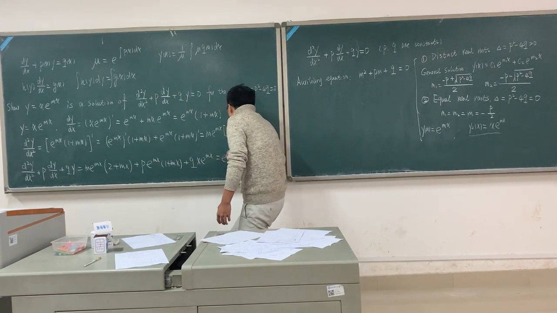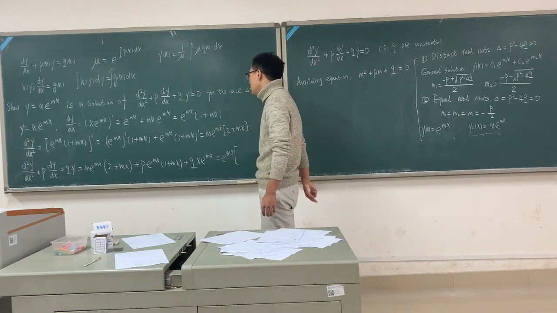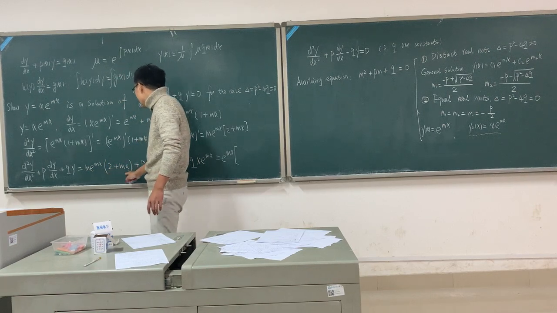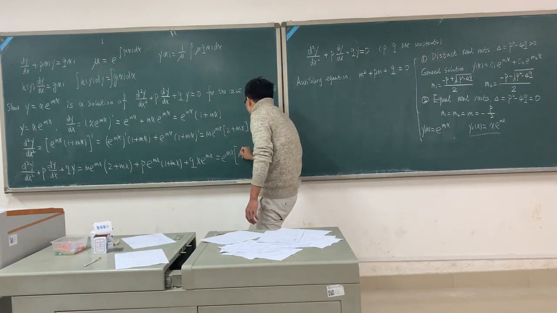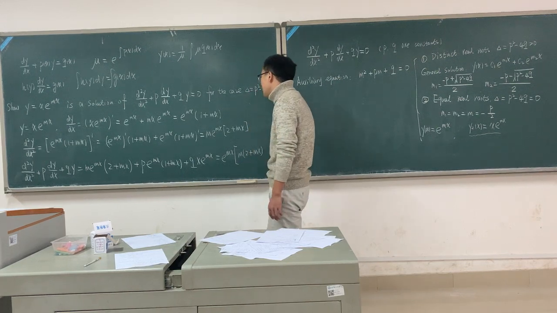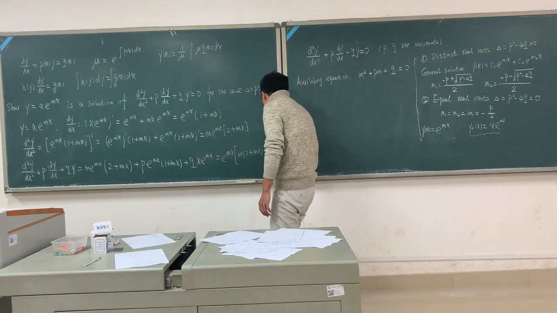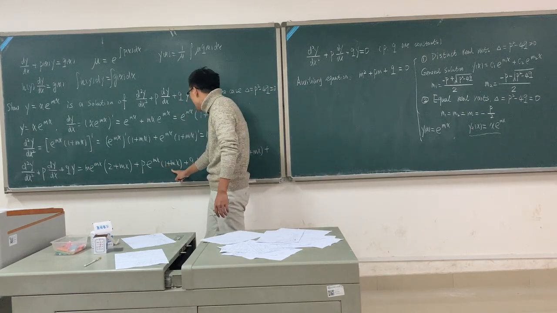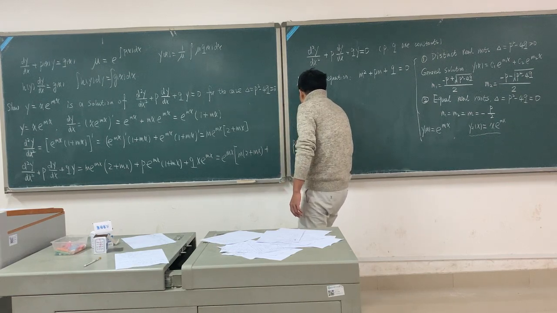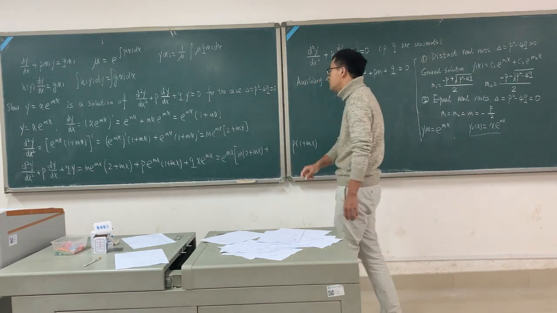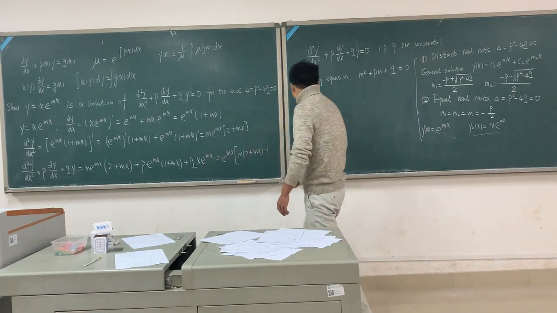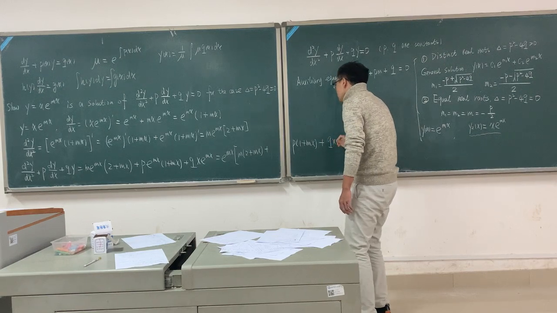The first part is m times (2 plus mx), the second part is p times (1 plus mx), and the third part is qx.